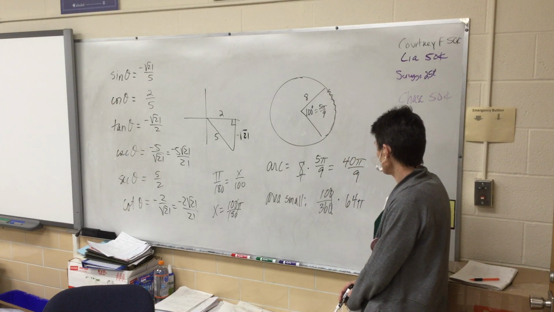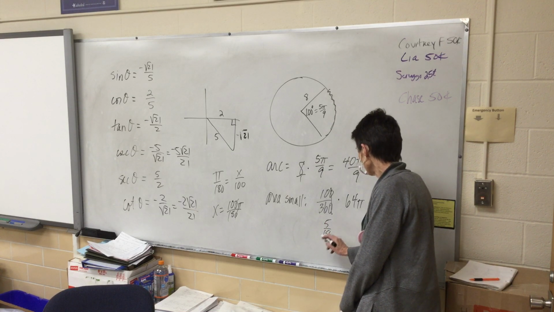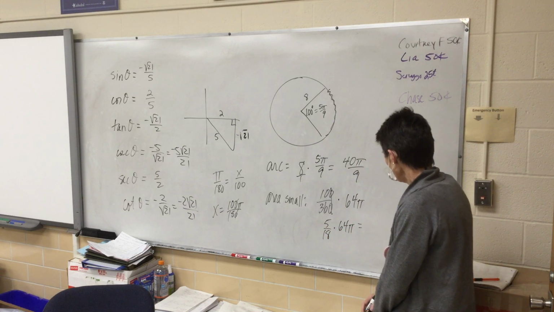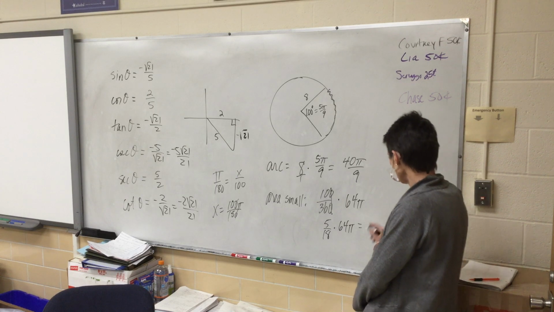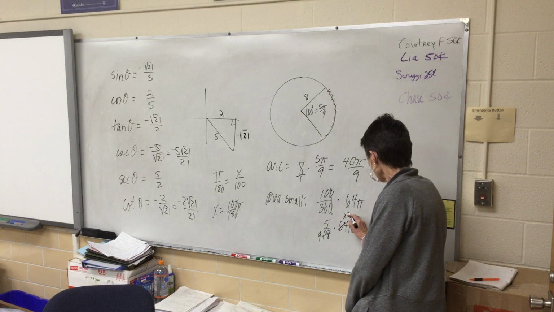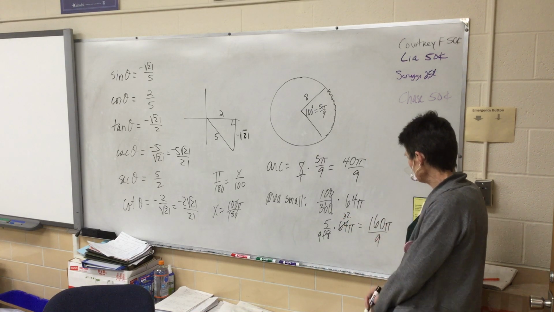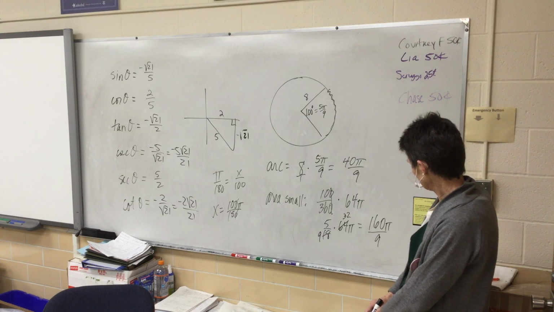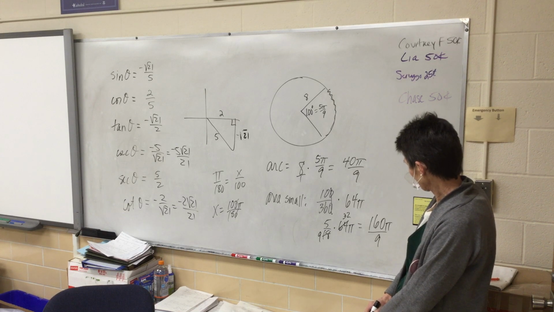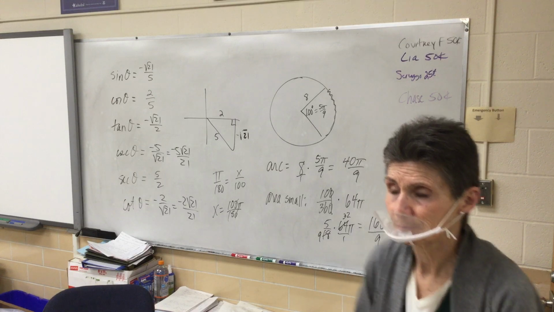That reduces to 5/18, right? Times 64 pi. Oh boy, no calculator. Here we go. Well, I can reduce this a little bit. Is that 160 pi over 9? Is that okay?